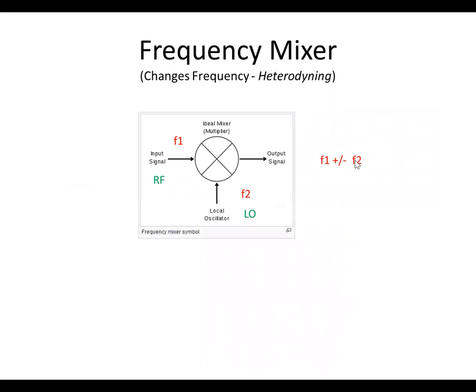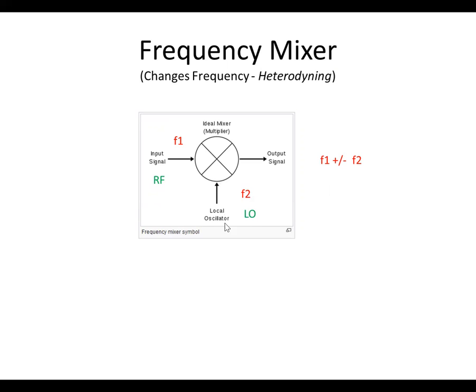Okay, the next thing we're going to look at is called a mixer. What a mixer does is it takes an input signal coming in, say, for example, RF, and multiplies it in the circuitry with a local oscillator.